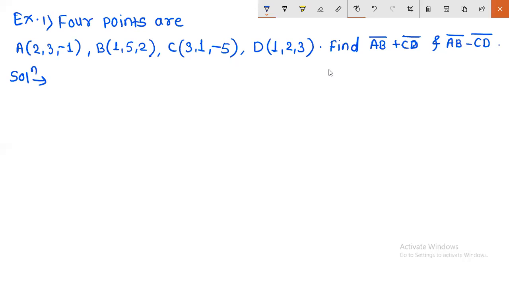Point A is given, so I can write this in terms of vector. These 2, 3 and -1 are showing the x, y and z coordinates. So I can write vector A bar as 2 a bar x plus 3 a bar y and minus 1 a bar z. This is vector A bar.